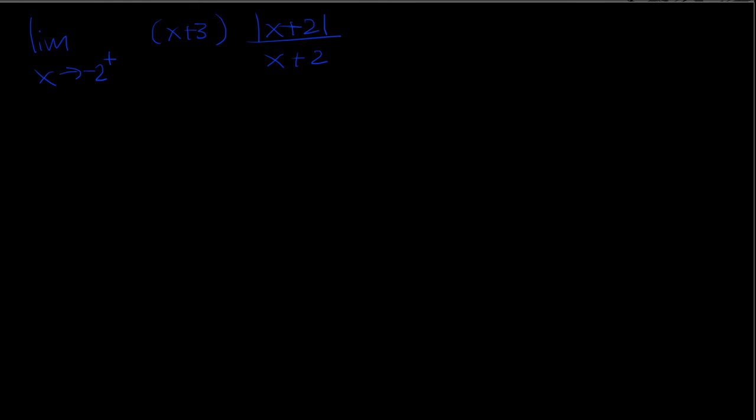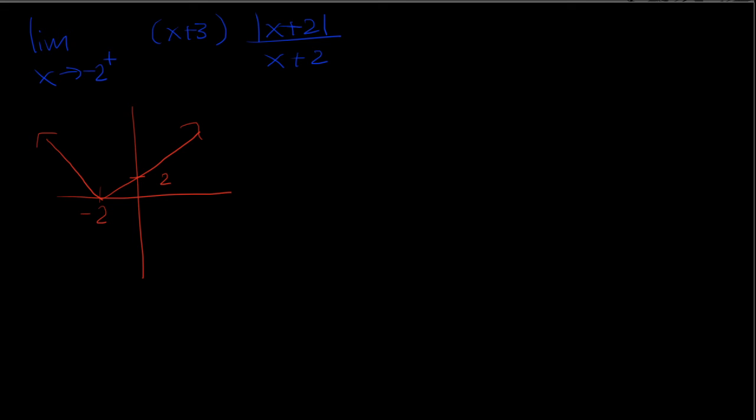So because we're approaching it from the right, well, let's see first. Let's look at the graph. So this is the absolute value of x shifted over left 2 units. Okay, so that's the graph.